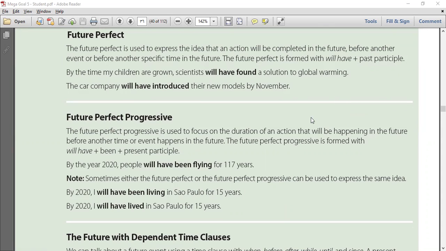The meaning of the future perfect progressive is focusing on the duration of an action that will be happening in the future before another time or another event happens in the future. So in here we have, by the year 2020, people will have been flying for 170 years. There is an event that has started, but here we focus on the duration of time.